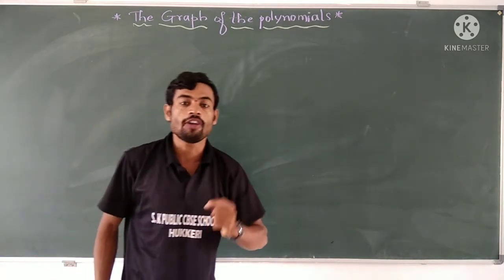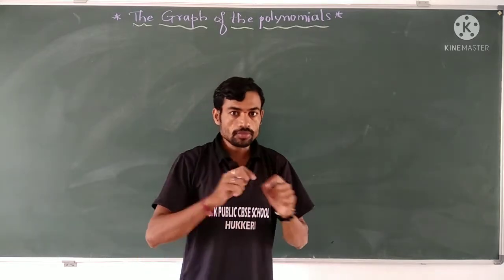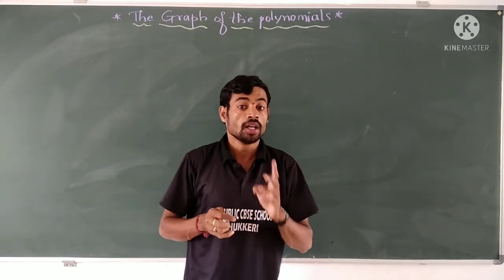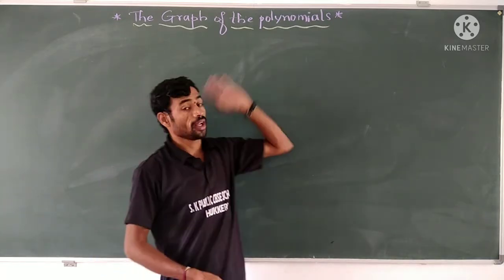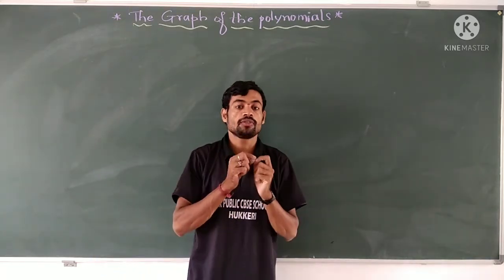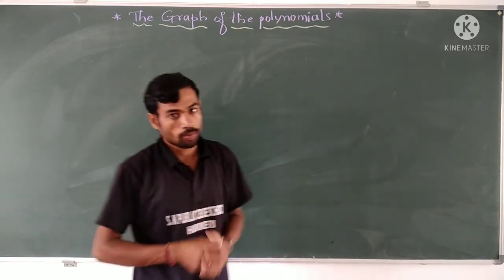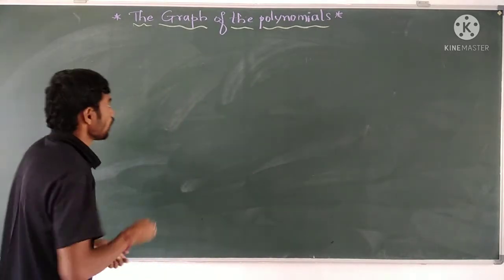What type of graph do we obtain when we construct it for the linear polynomial, and what type of graph do we obtain for the quadratic polynomial? Let us discuss one by one.